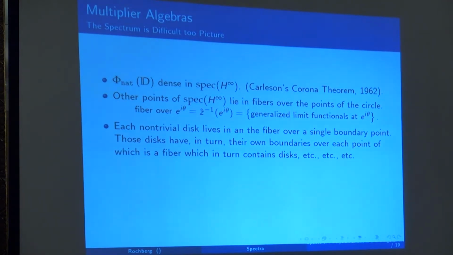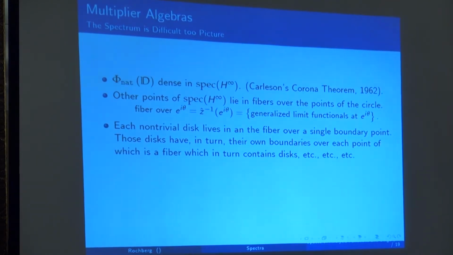And that's where these analytic disks live. Each one lives in the fiber over a single boundary point. And those disks in the fibers each in turn have their own boundaries. And over each boundary point of them is a fiber which contains more disks. And it just goes on and on.